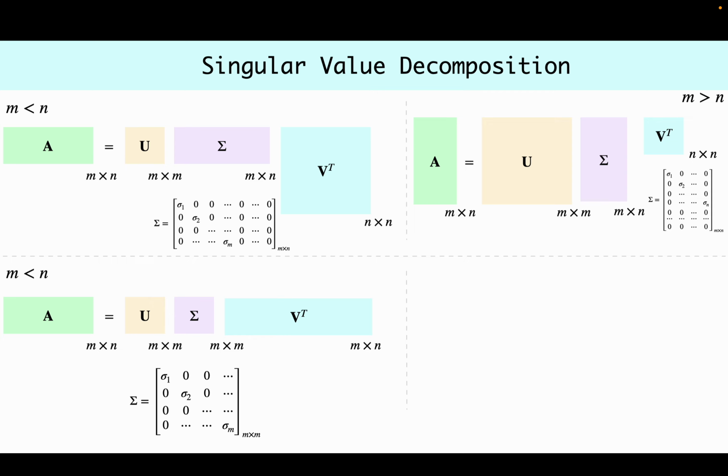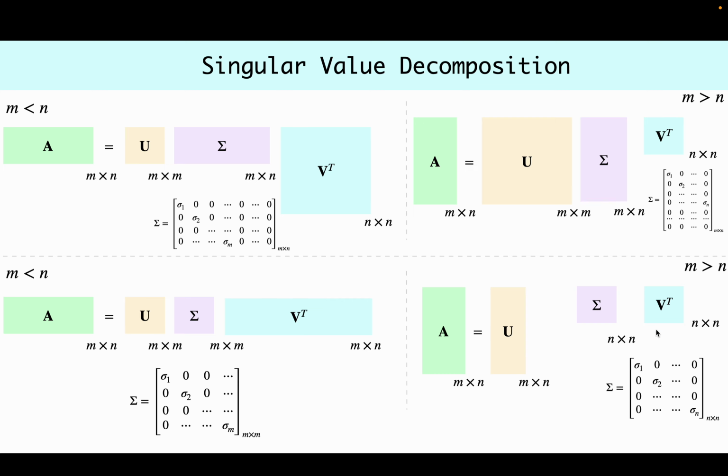In the same way, for the other case, M greater than N, we will have a representation something like this. Here we eliminated the columns of U and also some of the rows of sigma, and our SVD got a simplified representation.